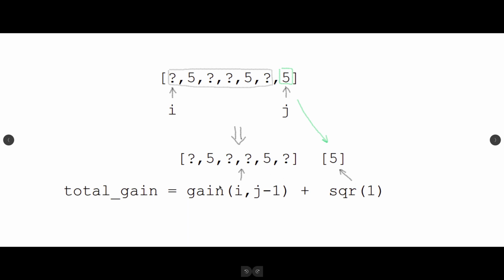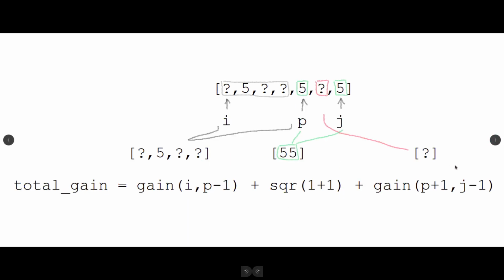In this case, it's easy to see we can reduce the original problem to these smaller ones. Here, we are merging 2 sequences separately, and the second sequence consists of just 1 box. This is a more complex case. Here, we are trying to group some boxes of the same color together and merge them together.